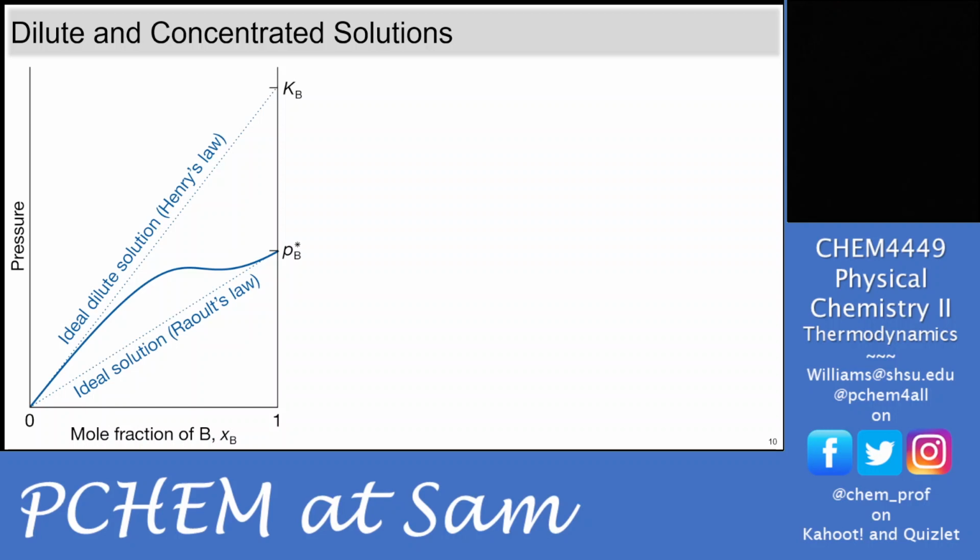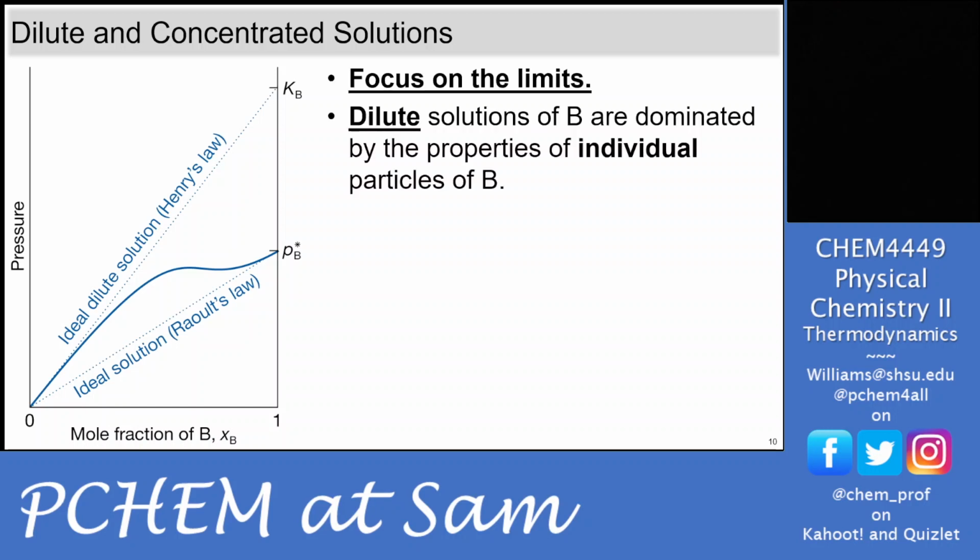Now, how do we deal with this non-ideal solution? We have a different law, Henry's law. We focus on the limits. Dilute solutions of B are dominated by the individual particles of B. So down here we're at dilute B. B has already been separated from other B's, so it's individual molecules of B inside this other solvent that it may or may not like.